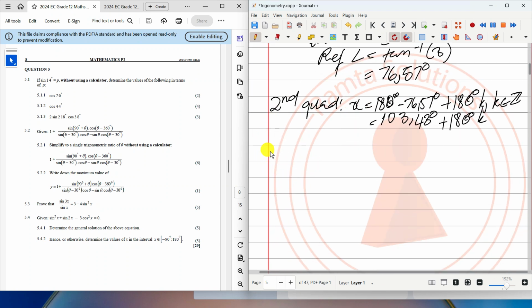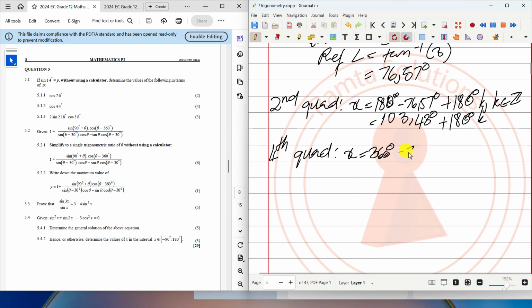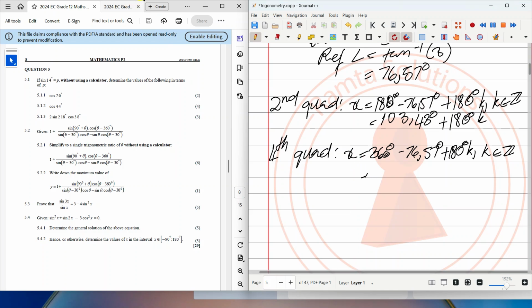It is negative in the fourth quadrant. In the fourth quadrant, we work with 360 minus. So 360 degrees minus 76.57 degrees plus 180 degrees k, where k is an element of the integers.